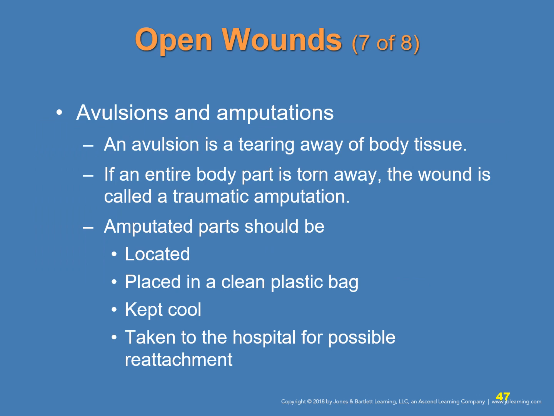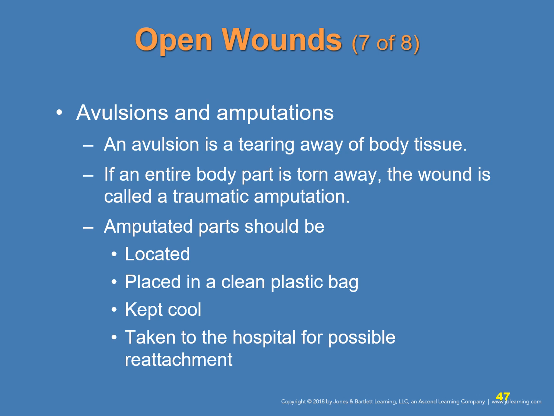Avulsions and amputations. An avulsion is a tearing away of body tissue. The avulsed part may be totally severed from the body, or it may be attached by a flap of skin. If an entire body part is torn away, the wound is called a traumatic amputation. Amputated parts should be located, placed in a clean plastic bag, kept cool, and taken with the patient to the hospital for possible reattachment.